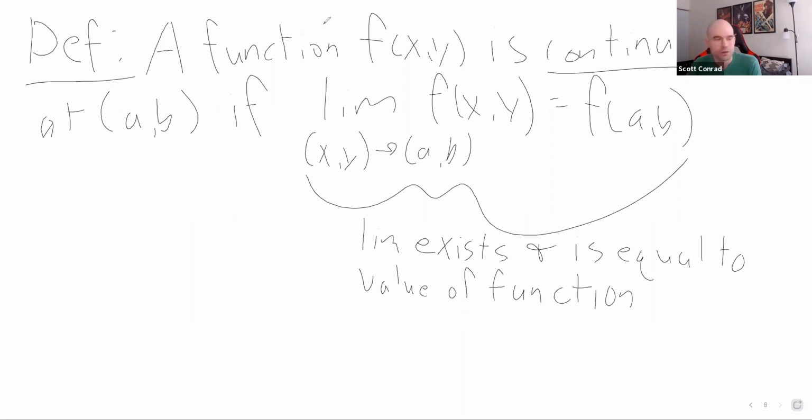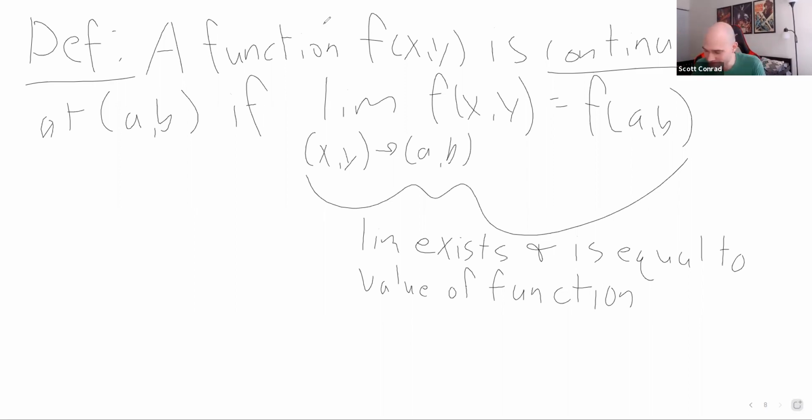Okay, so we're going to use continuity to evaluate limits, which seems backwards because the definition of continuity is the limit has to exist, but in order to show something's continuous, you need to prove the limit exists first, which is kind of the whole problem. But we're going to skip that whole bit, and I'm just going to give you a bunch of functions and say these guys are continuous.